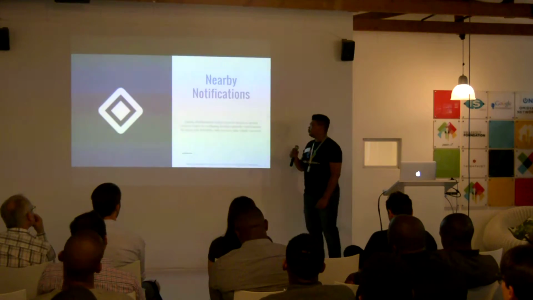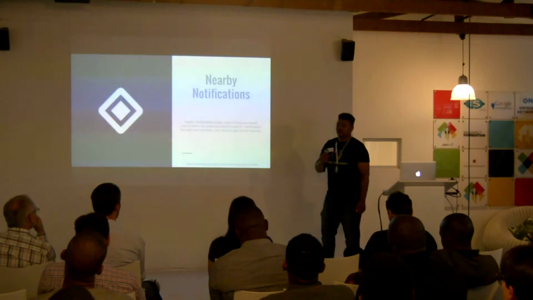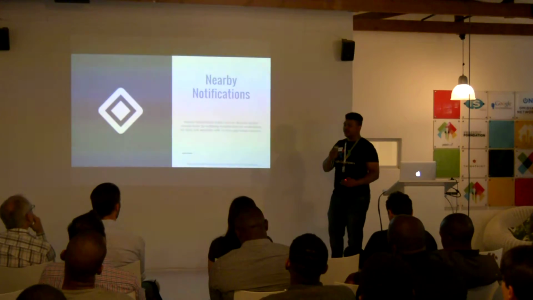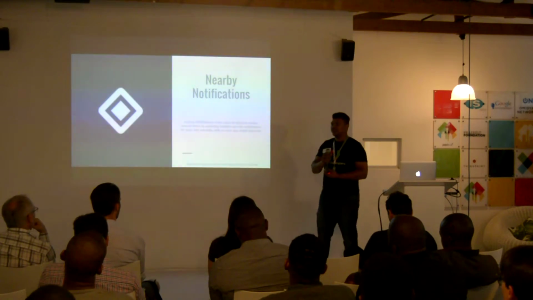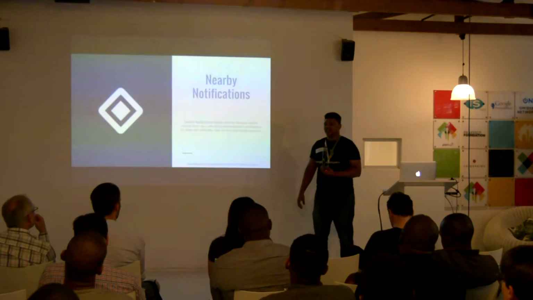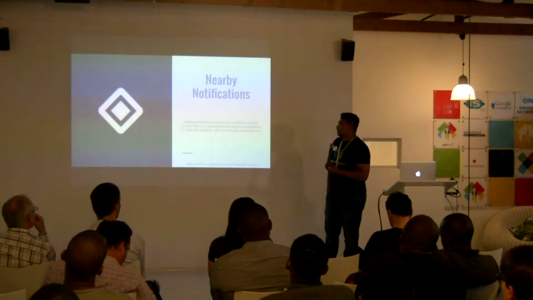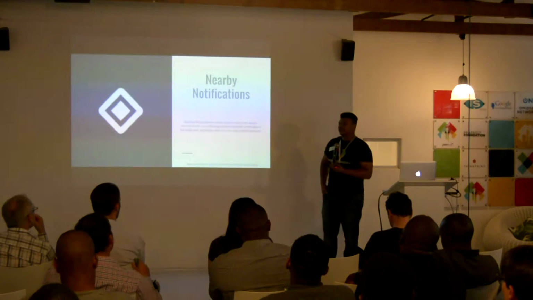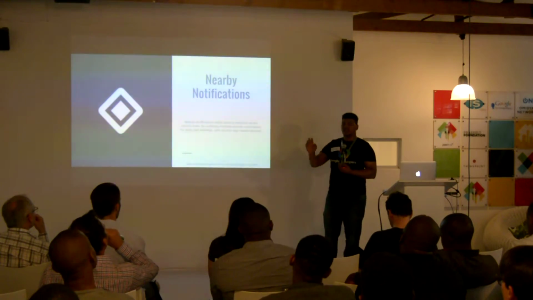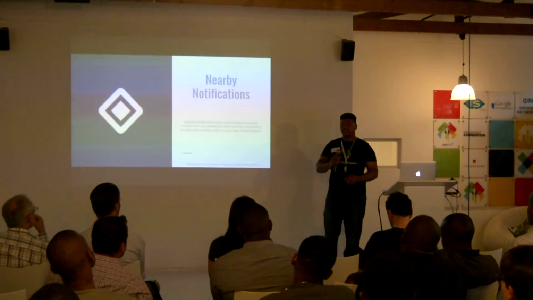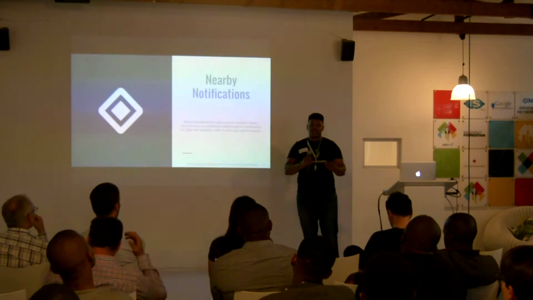This thing is really cool because this is location specific also. So you would obviously have to have your location and your Bluetooth on. But how it actually works is that it basically broadcasts a URL or an app intent to the actual user.